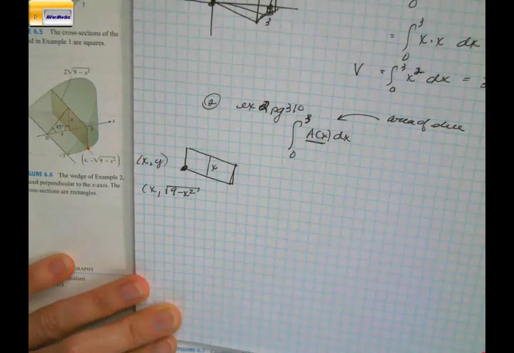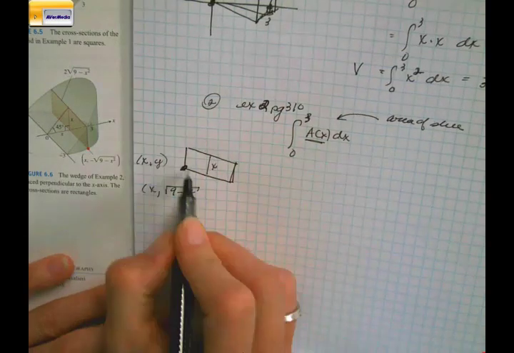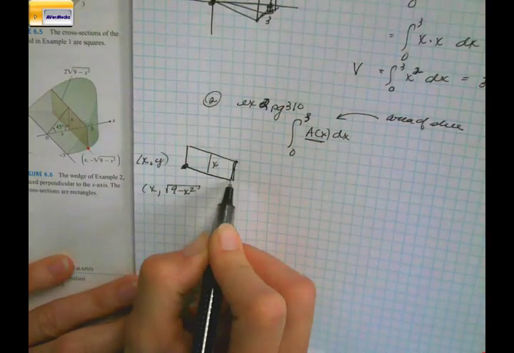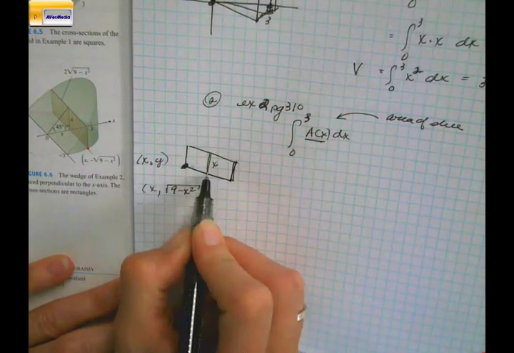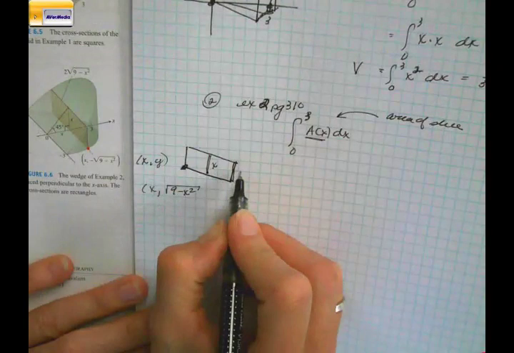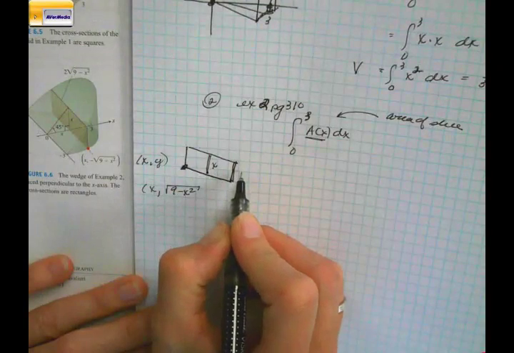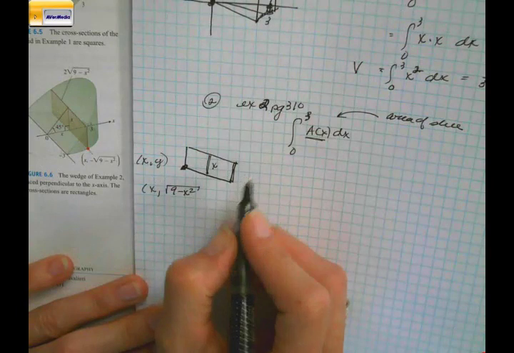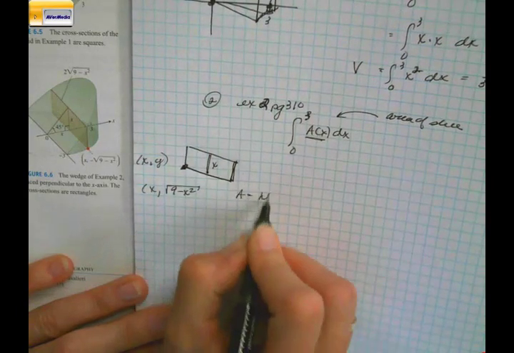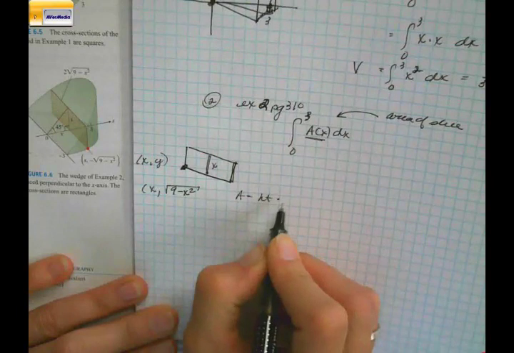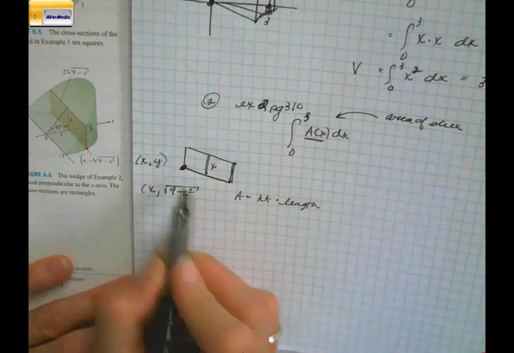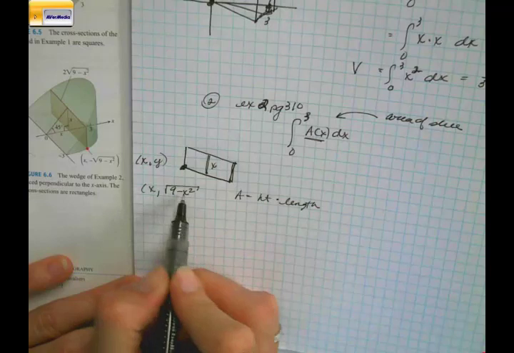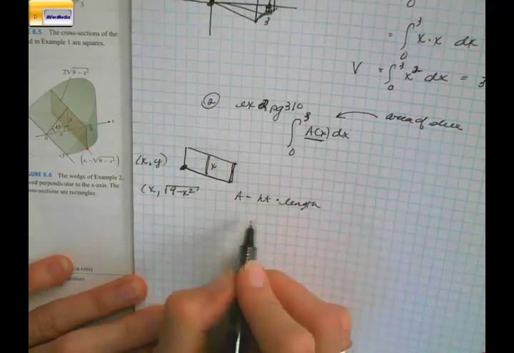If you're looking for the area of the rectangle, it is going to have to be this length times this height. I hope I'm not getting this backwards. Let me look at this for just a minute. Yeah, that is right. If your area is your height times your length, and this point here is x, square root of 9 minus x squared, your height is actually the x value.